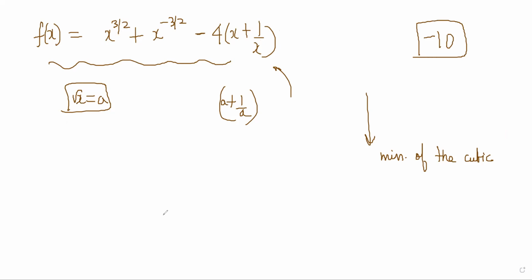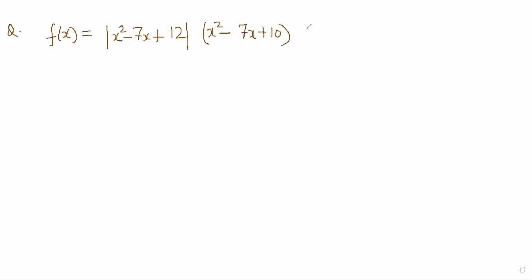Next one is: consider the function f of x is equal to mod of x square minus 7x plus 12, and x square minus 7x plus 10, and x square minus 4x plus 3.